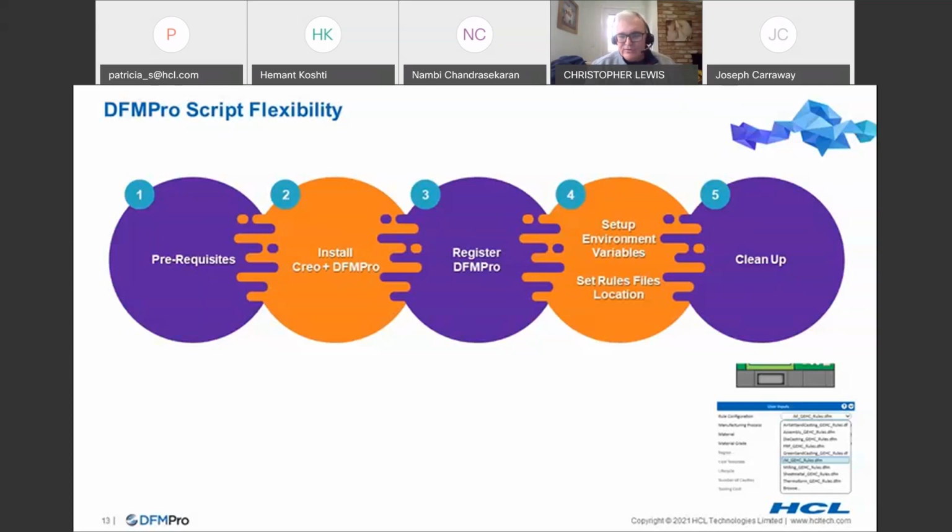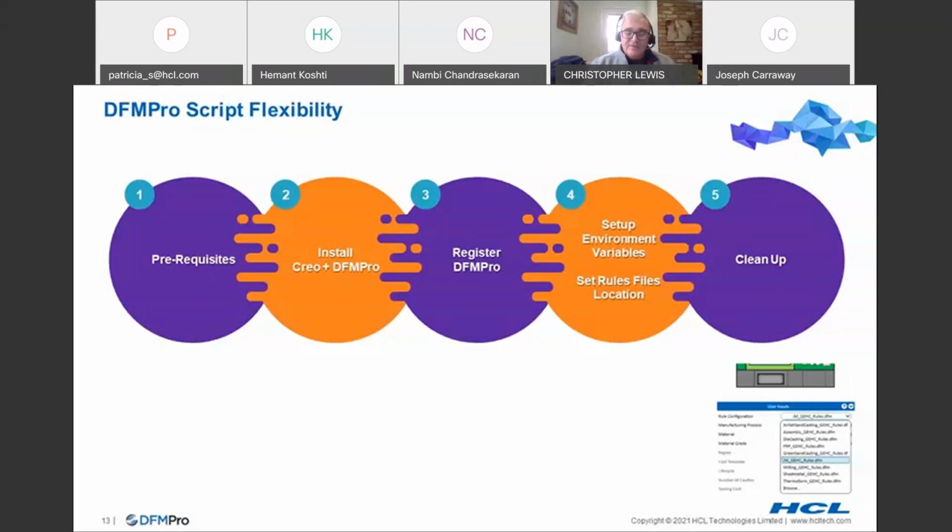Install of Creo and DFMPro is just a copy, so we just copy the files to the right place, and then we do a register, which is a register server command, and our script elevates its permissions to the right level, so that the user doesn't have to worry about right click run as admin and things like that. And then obviously minimal setup for environment variables and a bit of cleanup. And the cleanup was very important for us because, as I said, we had a year of utter variability and support case hell, because we let the users just click and read a website and click what they wanted.